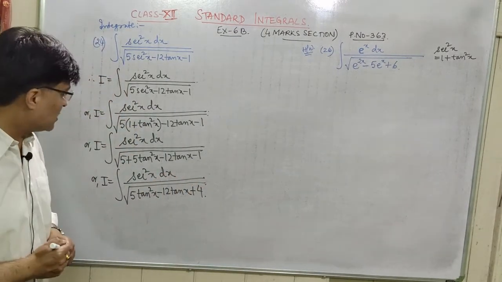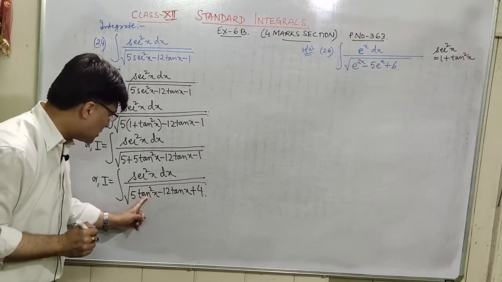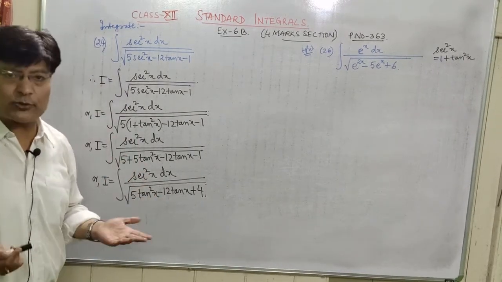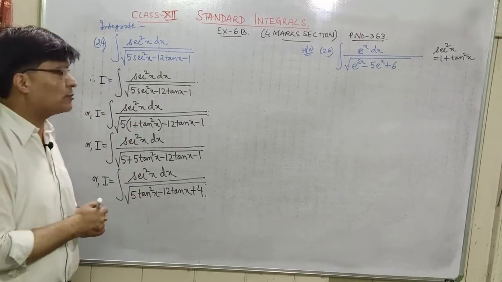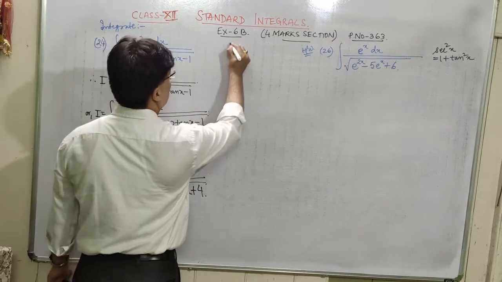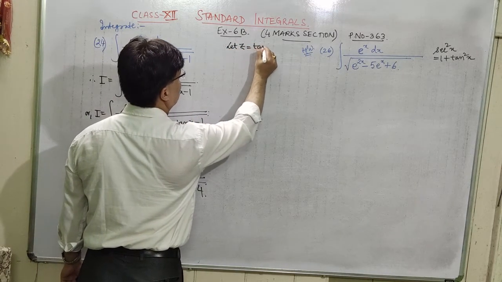So I think you have understood it. Now let us assume tan x as z, because differentiation of tan x is what? Sec square x. So let us do the method of substitution in this case. Let z is equal to tan x.